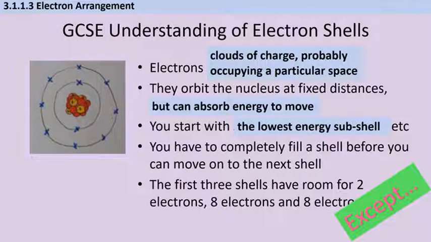So the real rule is not that you can't start a new shell until you finish the shell you're in, but that you can't start a new subshell until you've finished the subshell you're in. Now, when you're starting out with atomic chemistry, this distinction doesn't really matter. Your first shell only has one subshell, so the shell and the subshell become full at the same point.